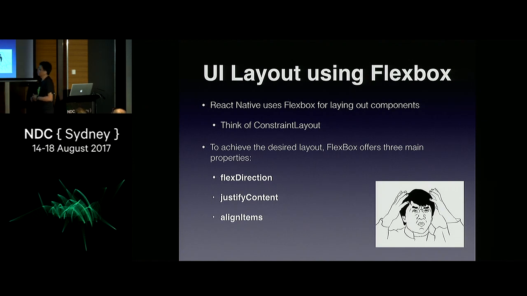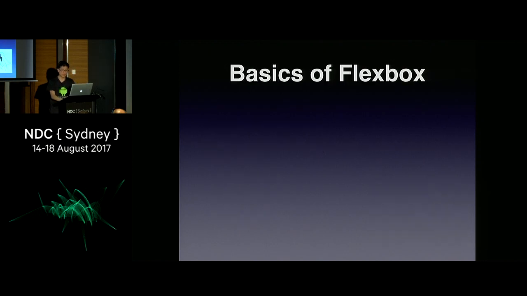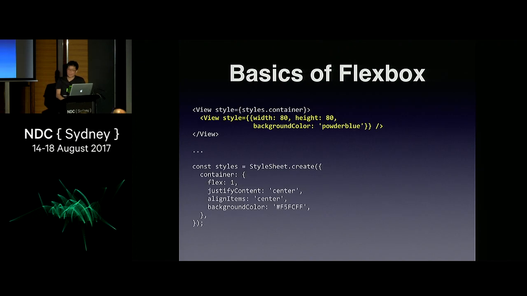Now, Flexbox basically offers the following properties to help you lay out your views. Things like flex direction, justify content, align items. Let me just show you a very quick basic tutorial on Flexbox, and then we can get moving. So, basics of Flexbox. I have a view, and within my view, I have another view.